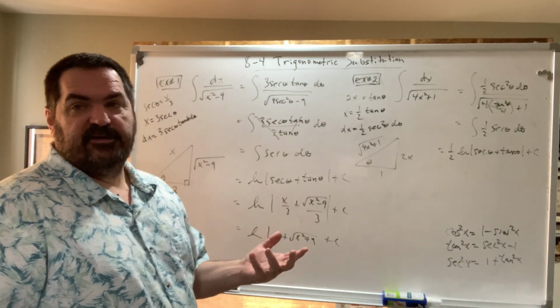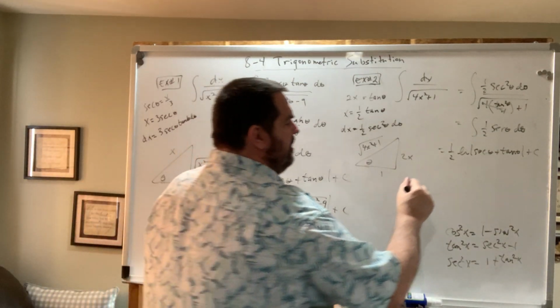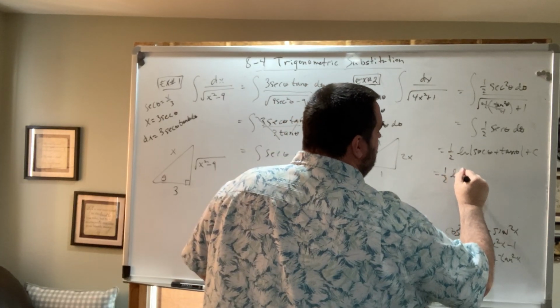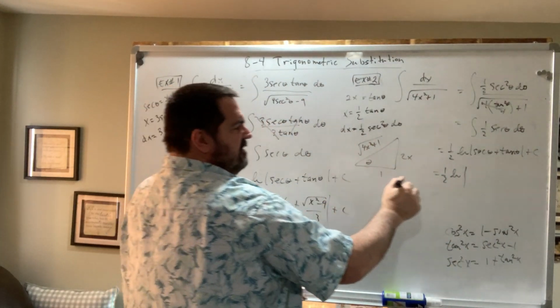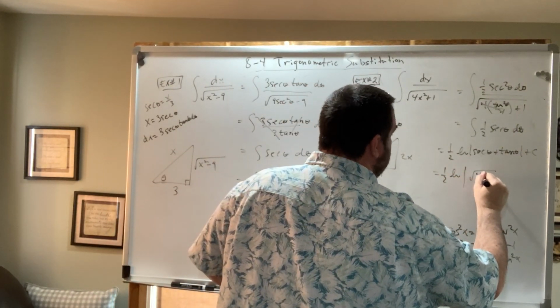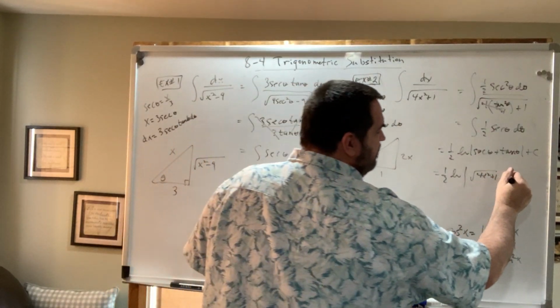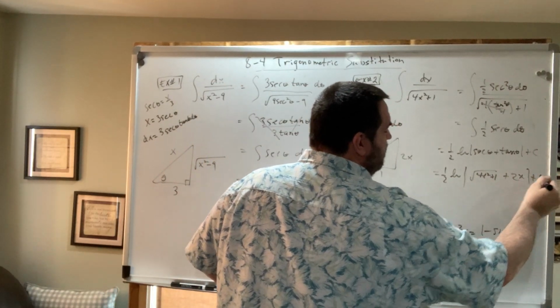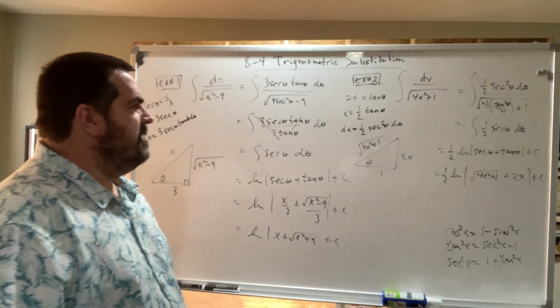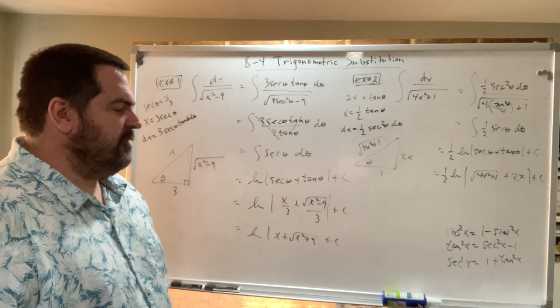Now I have all three sides of the triangle. Secant is hypotenuse over adjacent, and tangent is opposite over adjacent, 2x, plus C.